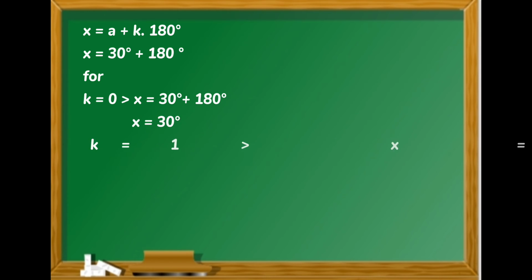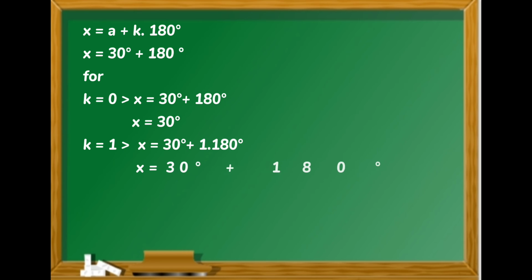Okay, we have tan x equals tan a as follows. 1 over root 3 is tan 30 degrees, so a is 30 degrees.